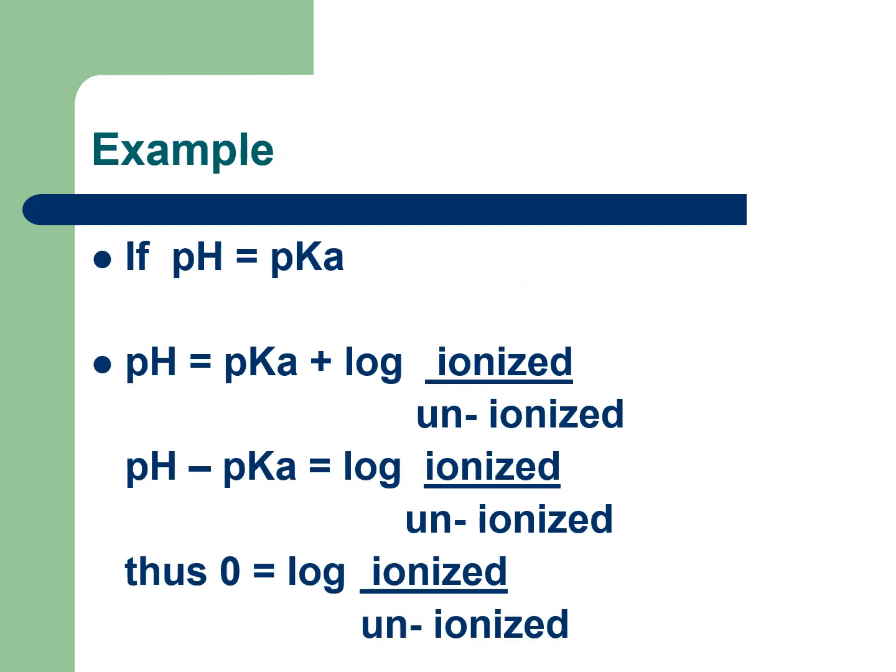So if we move on further, and consider that the pH of the medium is equal to the pKa of the drug, we can derive the equation as pH minus pKa is log ionized over unionized form. So if the difference is 0, then 50% of the drug would be in ionized form and 50% in non-ionized form.